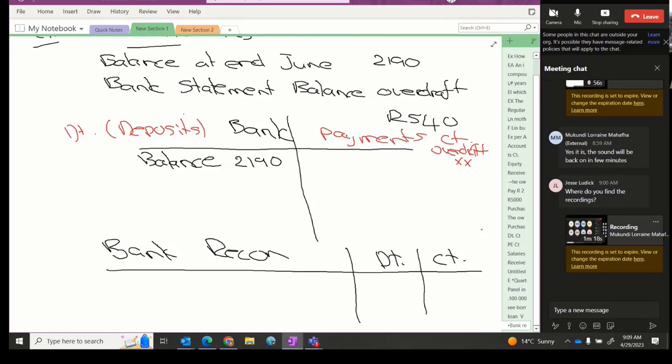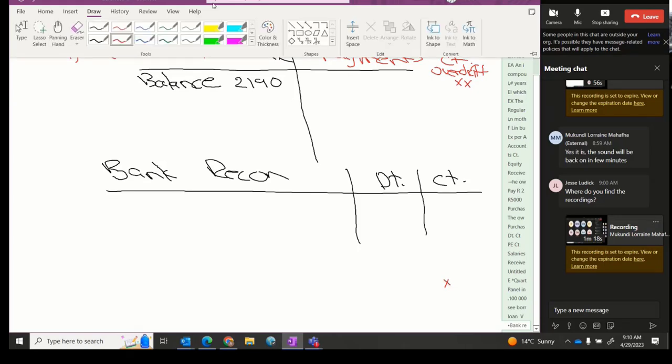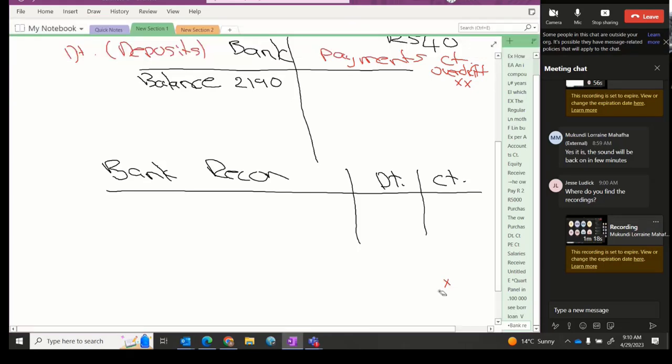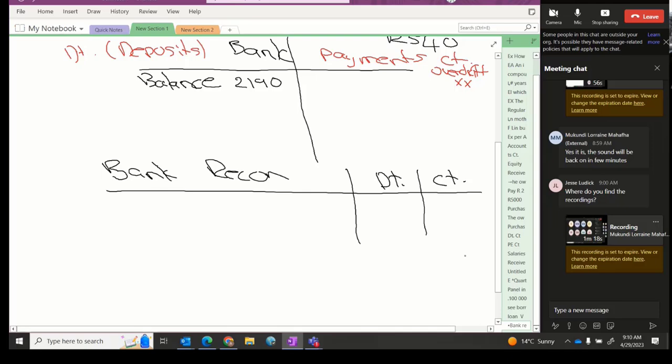So deposits on the debit side of your bank account go to the credit side of the bank recon.